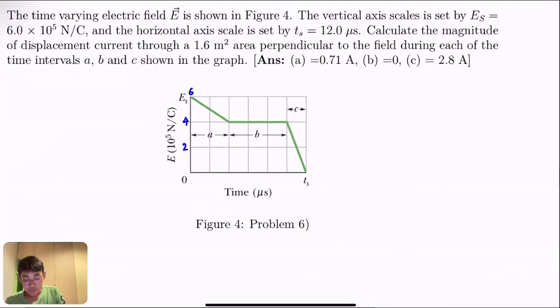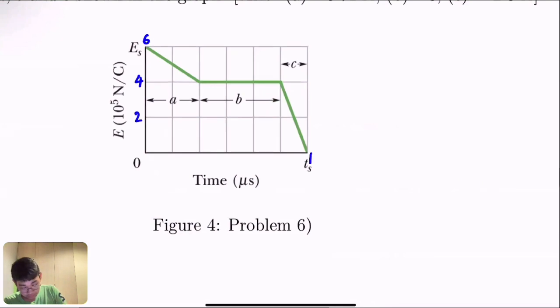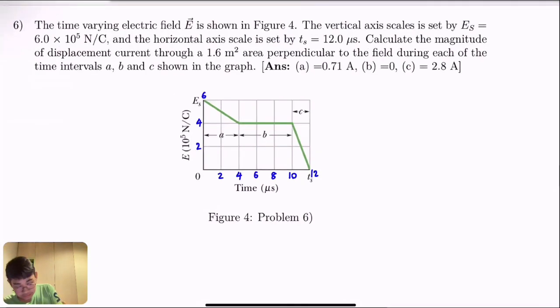For the horizontal axis, ts equal to 12, and so it should be 10, 8, 6, 4, and 2. It says calculate the magnitude of displacement current through a 1.6 meter square area perpendicular to the field during each interval A, B, and C.